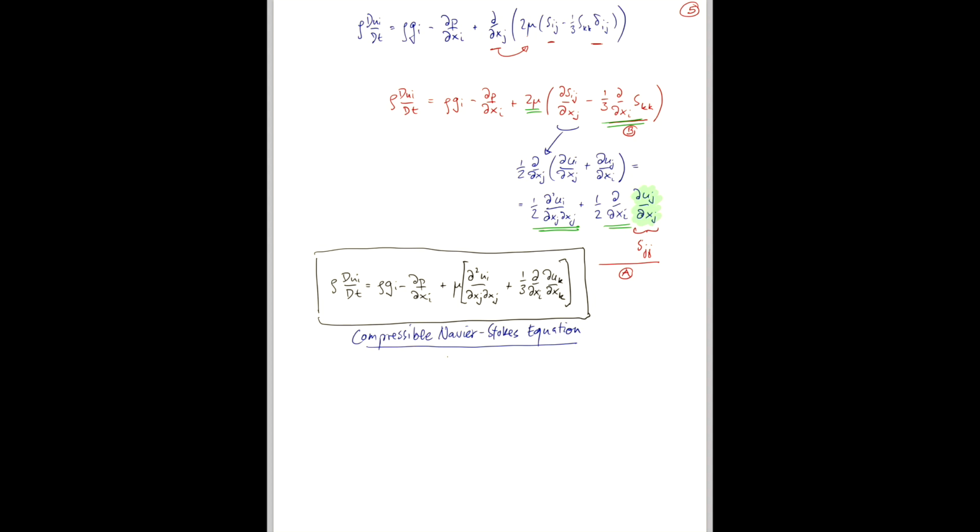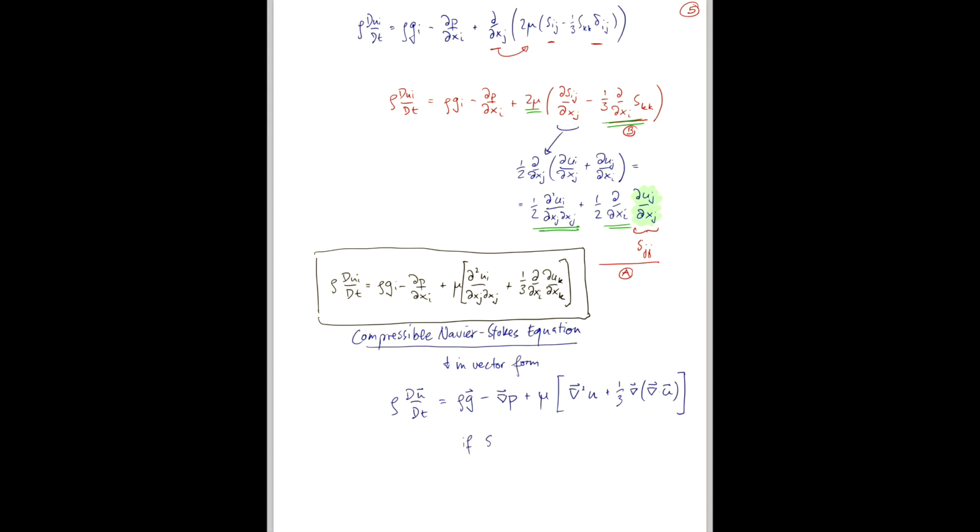And let's write it in vector form. Rho du dt equals rho g minus gradient of P plus mu del squared U plus a third gradient of the divergence of the velocity.